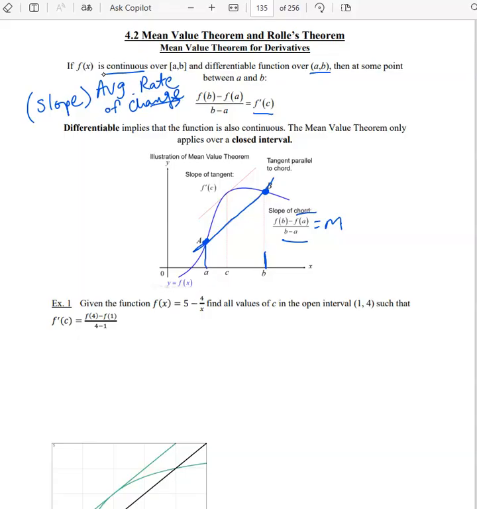Then somewhere in between A and B, there is a location where the slope of the tangent line, which of course is the derivative, would be the same as the slope of that secant line. So those two lines would literally be parallel to each other. And that's what the theorem says. There has to be a location, at least one location, where this occurs in between A and B. So our job is going to be to find where that location is.